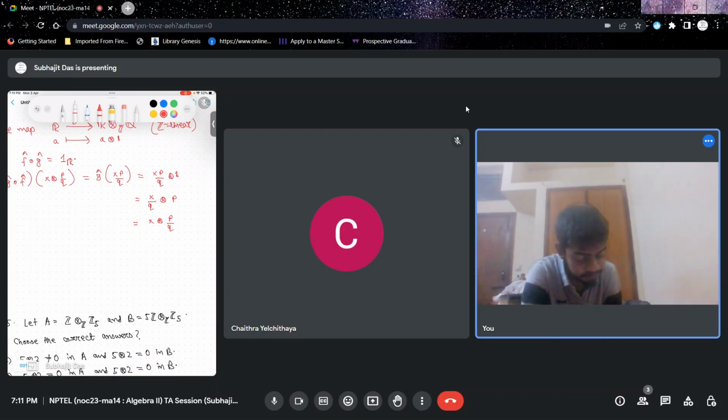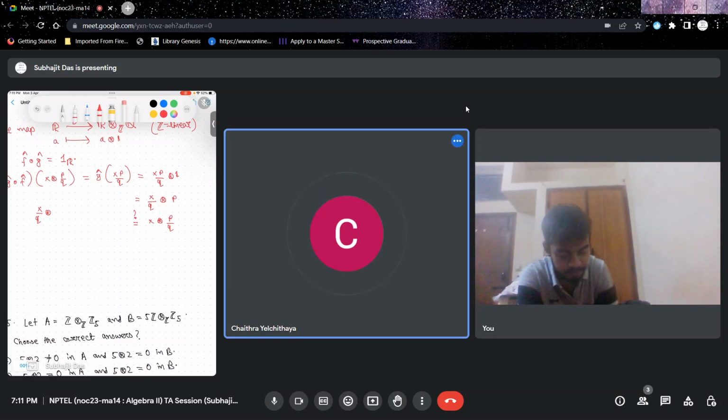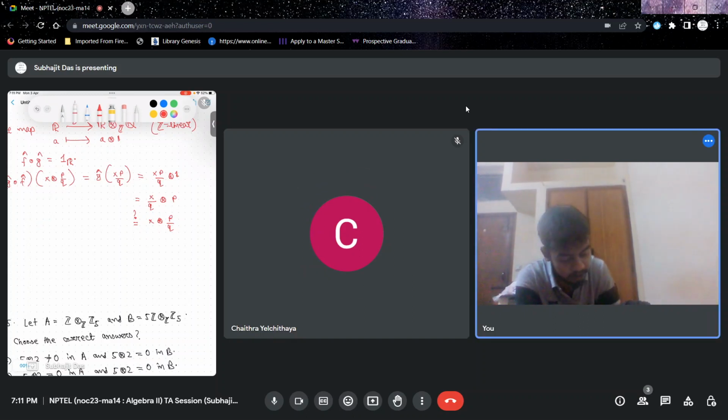So, X over Q tensored with P. What we need to show is that this equality holds, right? X over Q tensored with P times Q is equal to X tensored with P. Is this clear?